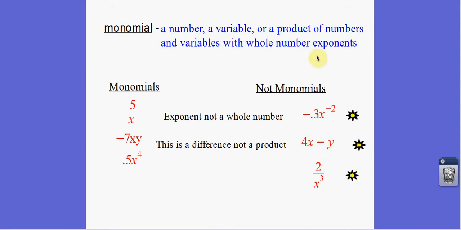Up here you'll see that it says product of numbers and variables. This is a difference, so that's no good. And this last one can be rewritten as 2x to the negative third, and again, that negative 3 means that the exponent on the variable is not a whole number, so that is not a monomial. Anytime you have a variable in the bottom of a fraction, it's not going to be a monomial.